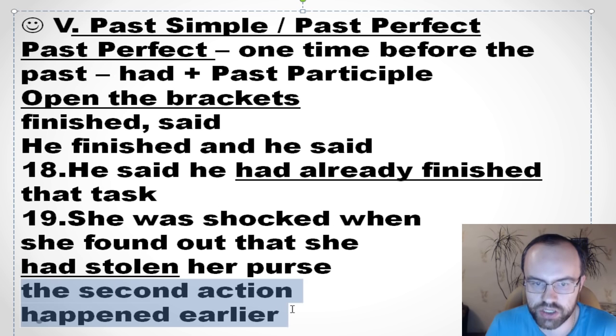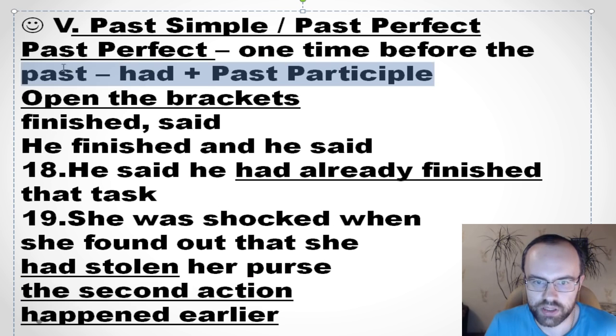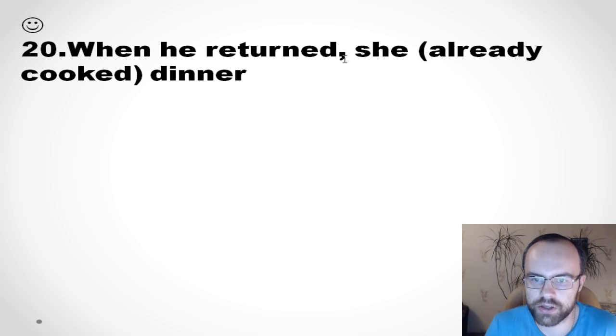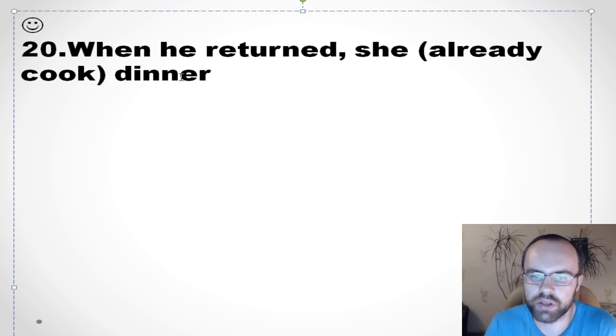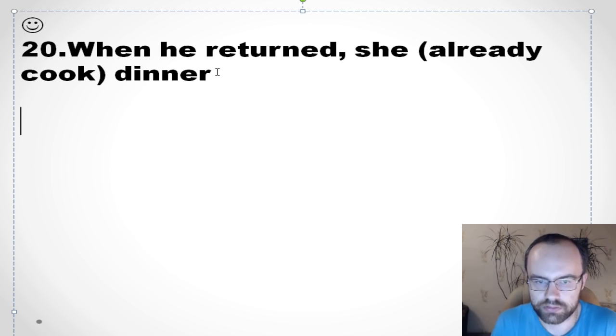The second action happened earlier. Very important thing. One more for you: when he returned, she already cooked maybe dinner. Please open the brackets. And what tense is it?